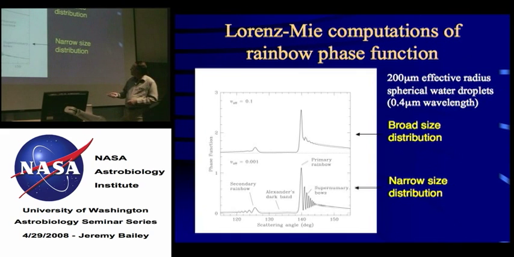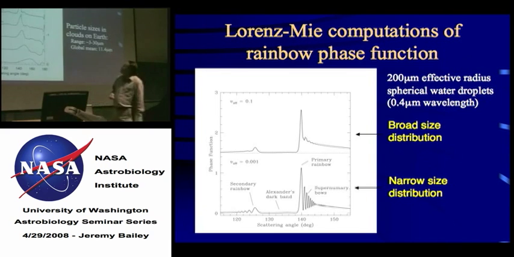There's this dark region, and then the secondary rainbow. And if you actually have particles of almost the same size, you get these things called supernumerary bows, which appear inside the primary rainbow. They tend to smear out somewhat if you have particles of a broad distribution in particle size, but you can still sometimes see this supernumerary rainbow effect inside a rainbow.